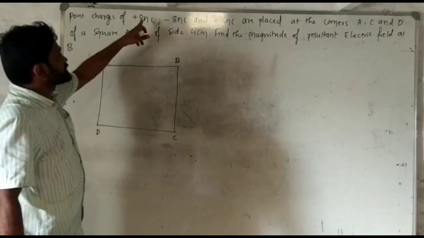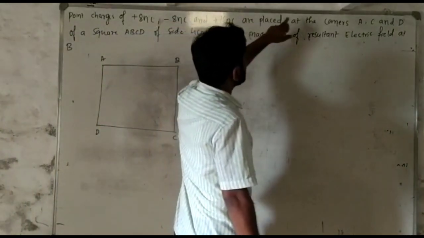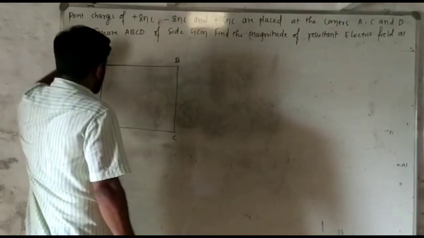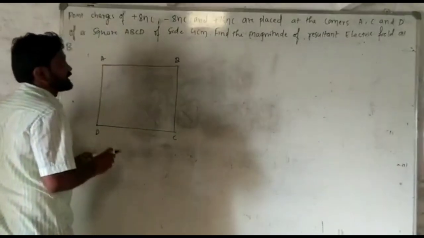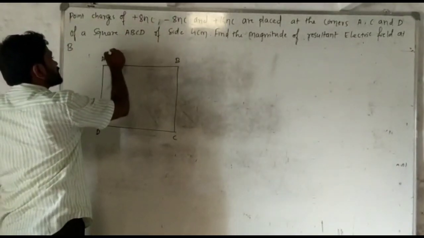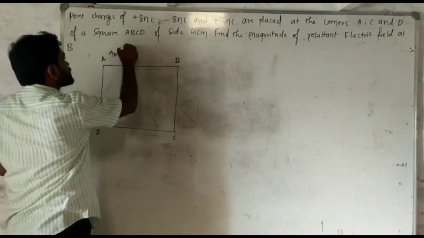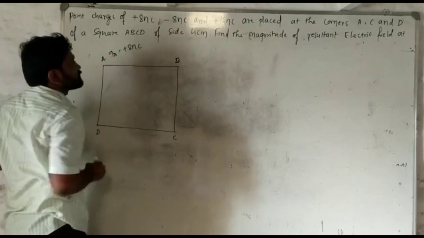There are three charges, plus 8 nanocoulomb, minus 8 nanocoulomb, and plus 16 nanocoulomb, placed at the corners A, C, D. The plus 8 nanocoulomb placed at A we call QA, equal to plus 8 nanocoulomb.